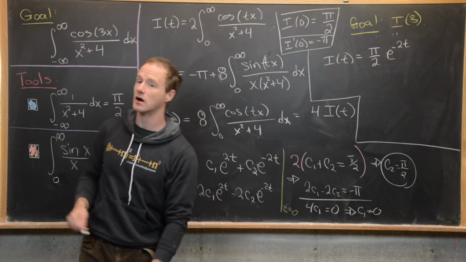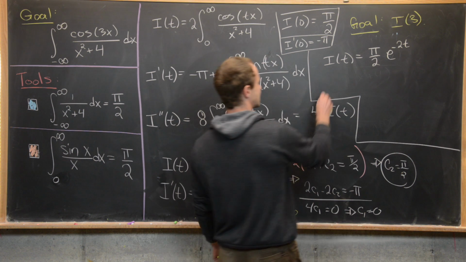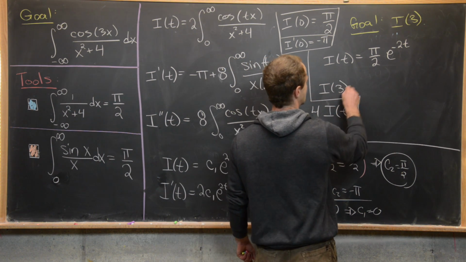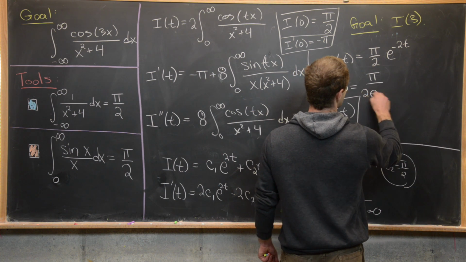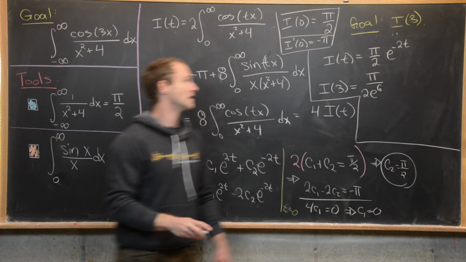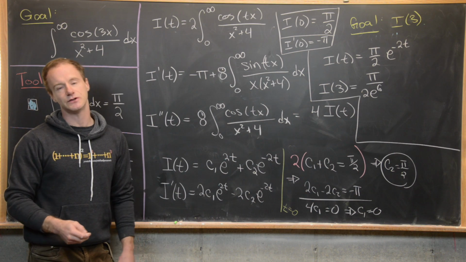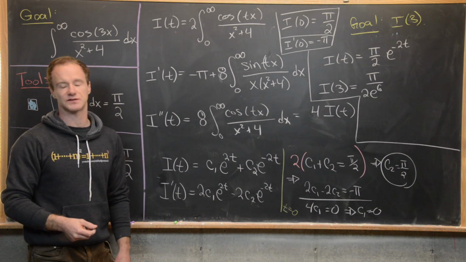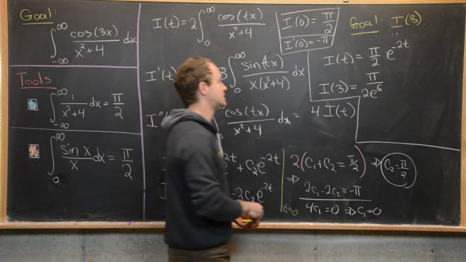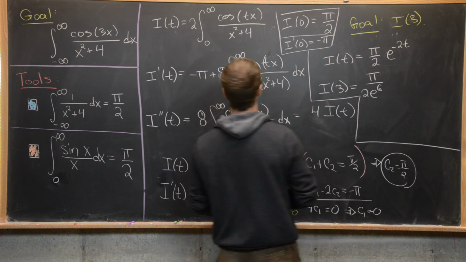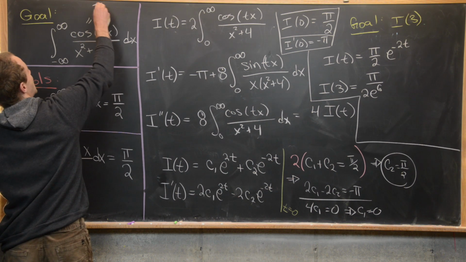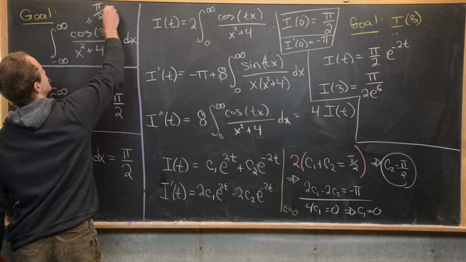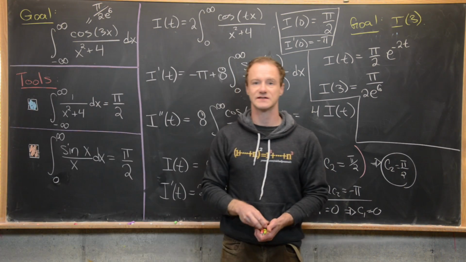That gives us our goal integral. So let's go ahead and calculate that. I evaluated at 3 is going to be pi over 2 times e to the minus 6, because we've got e to the minus 2 times 3. We can just bring that downstairs. So our final answer, the value of this integral, is equal to pi over (2 times e to the 6). And that's a good place to stop.